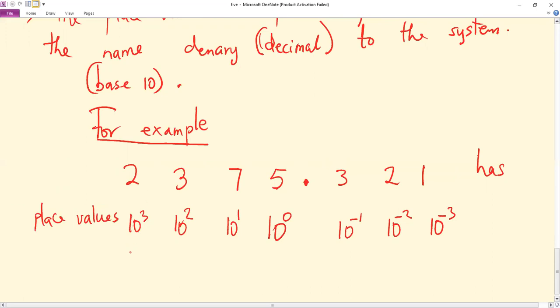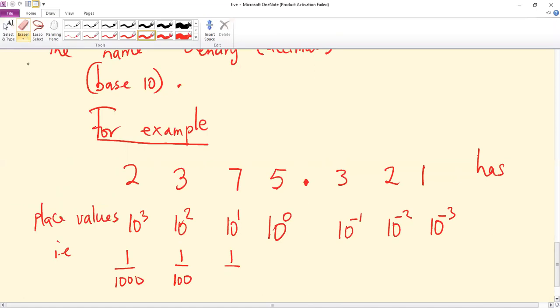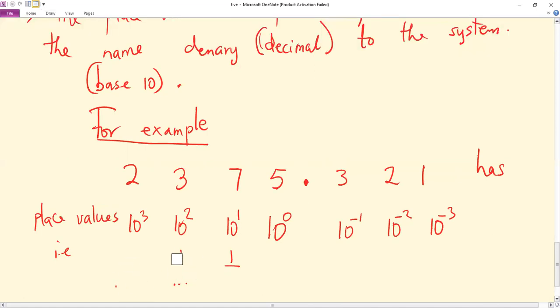So which are, this is the same as 1 over 1000. Not really, so this is the other way around. 10 power 3 is 1000.